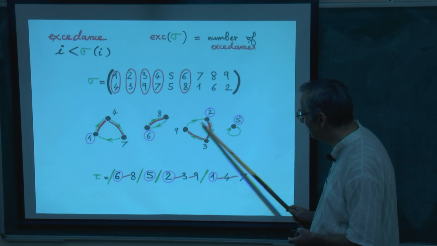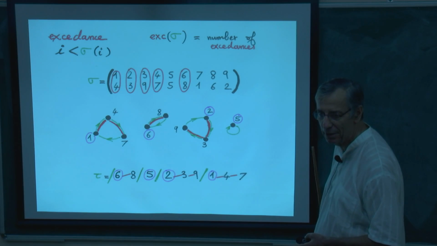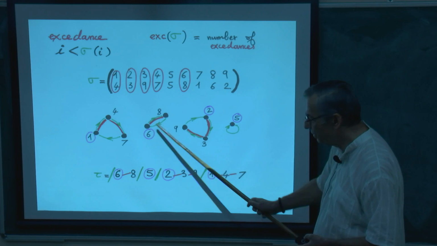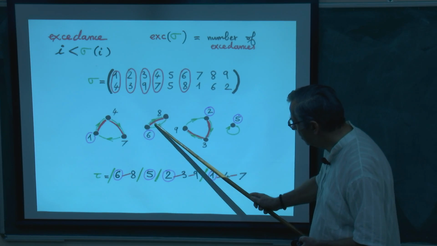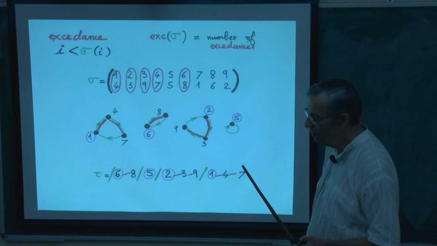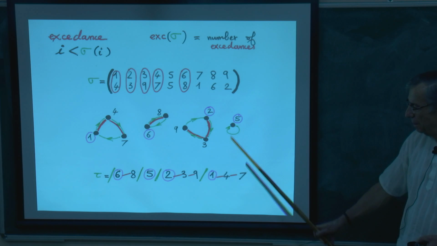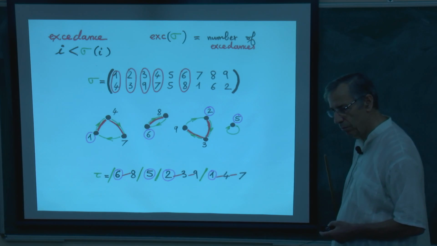So these edges here cannot be exceedant because they disappeared in the process. So you convince yourself that the exceedance here is going to become the rises of this word. So I have the same distribution. Exceedance becomes the rises of the permutation.